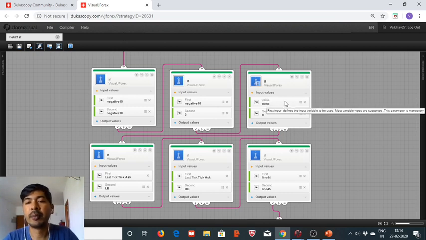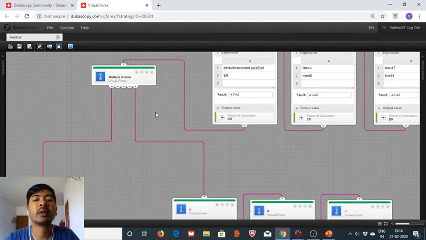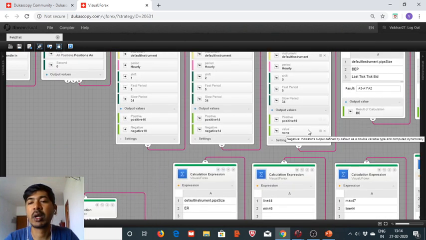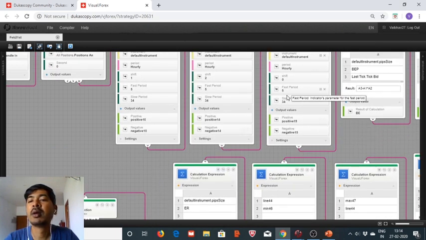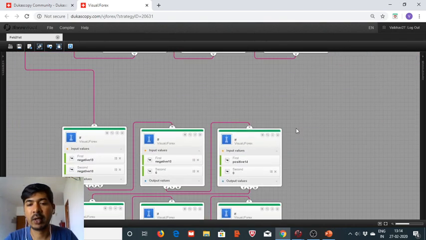This is positive 14, negative 10 and negative 19. Let me see which is the current period. So negative 19 is current, 14 is 2 periods back, and 10 is 1 period back. So now I will explain to you.